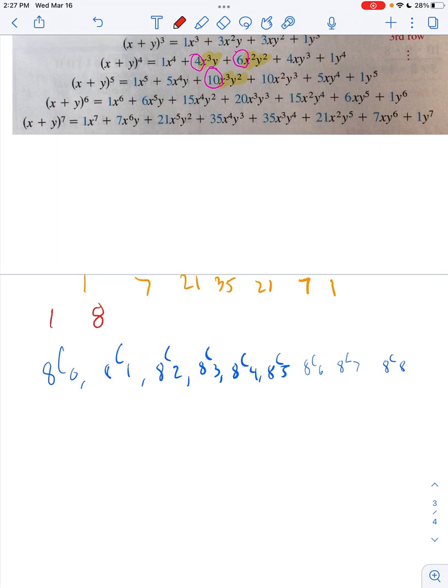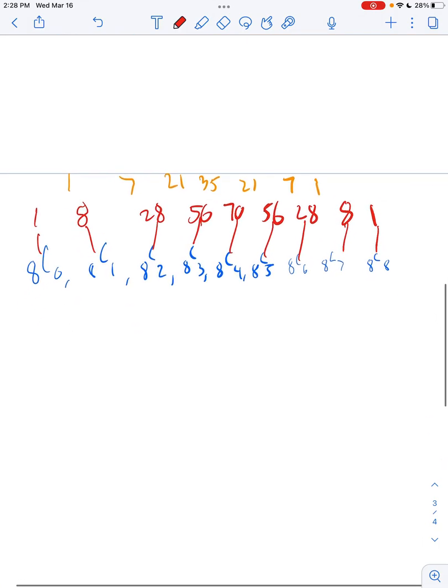To go from my 7th row to my 8th row, I always start with a 1. 1 plus 7 is 8. 7 plus 21 is 28. Then 56, 70, 56, 28, 8, and 1. And you can see that this gives us our corresponding answers. So if I had to find all the coefficients, I could do that.